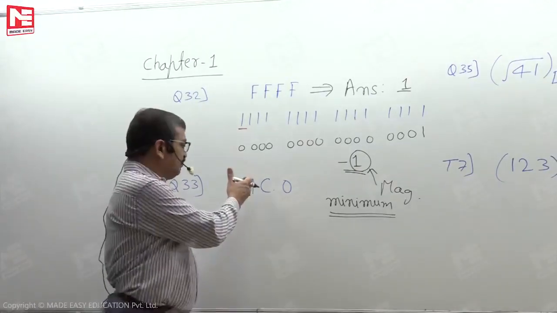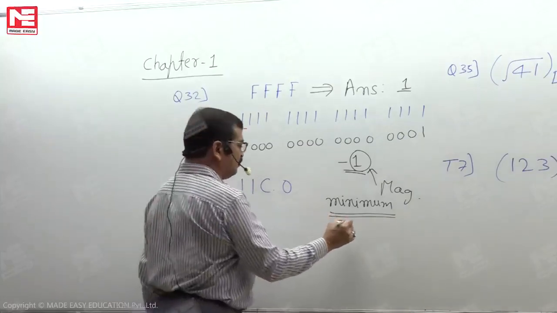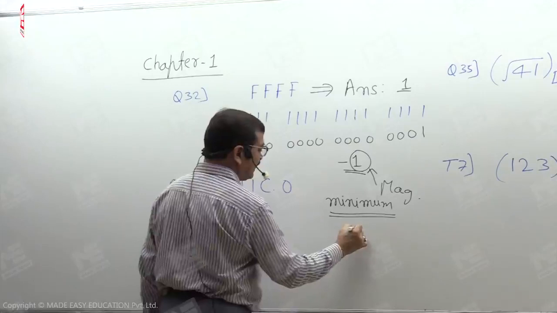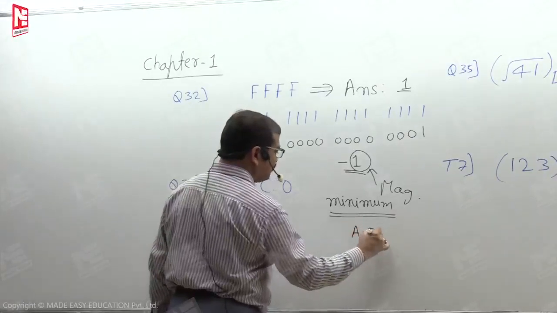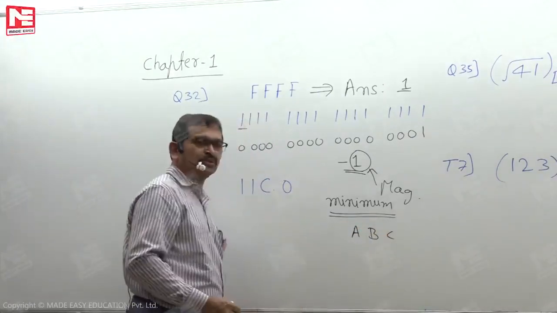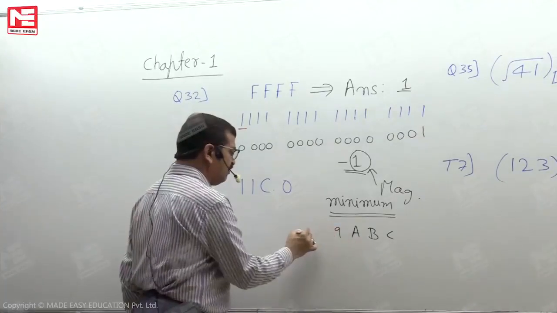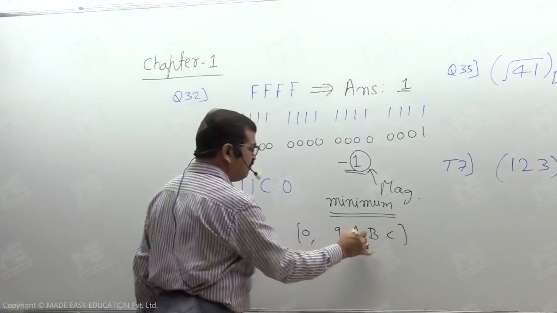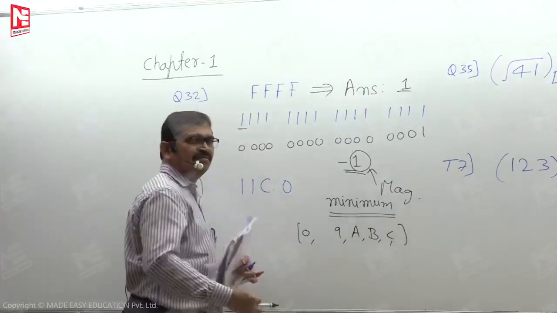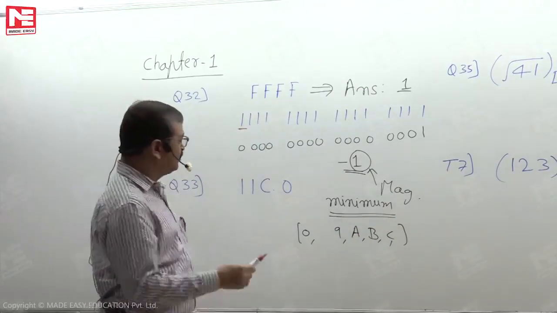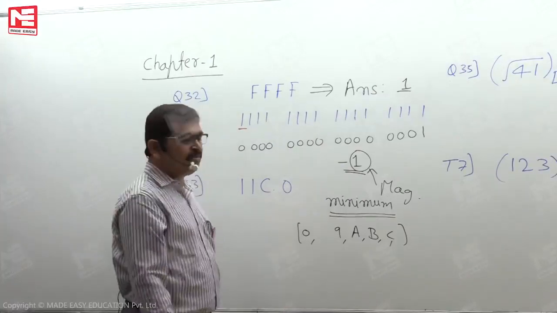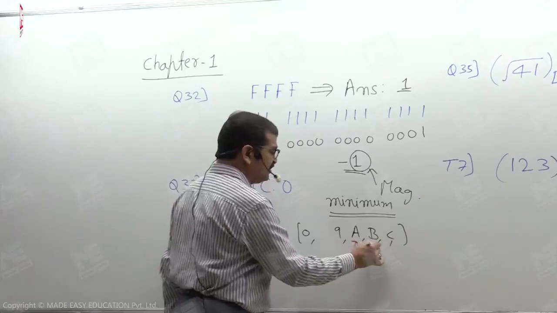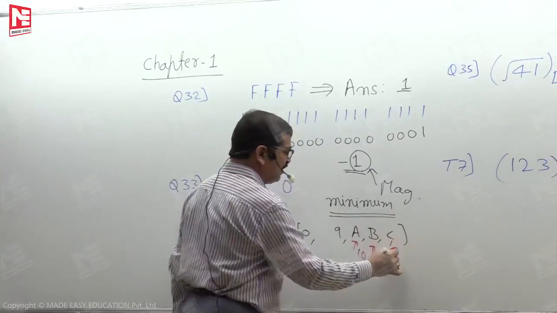So minimum decimal equivalent value for this number, we are having the usage of the symbol C. Conventionally you have to think, so definitely 3 symbols must be used after this 9. After this 9, these 3 symbols might be used for reading C. This is 10, this is 11, this is 12.